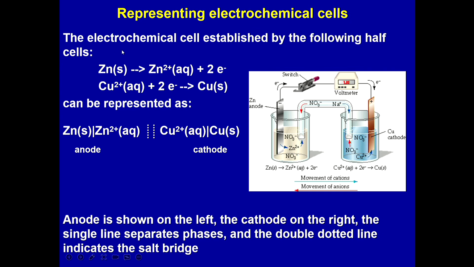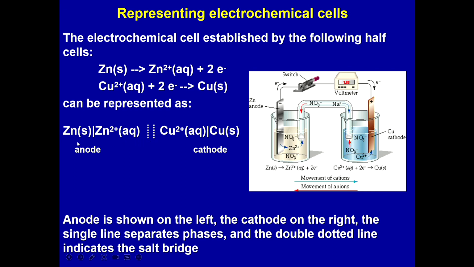Basically, we know there are two half cells, so we can write them like this. Here, this is the anode, this side is the cathode, and these two lines mean the salt bridge.